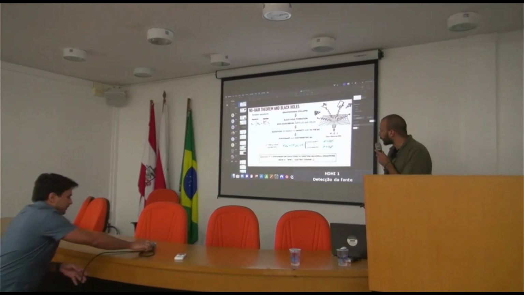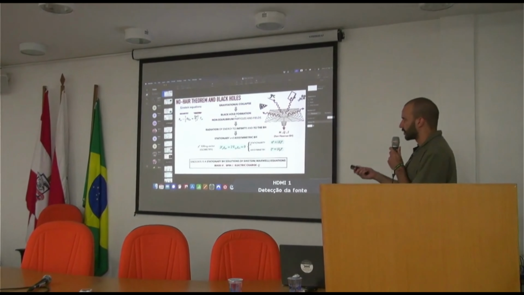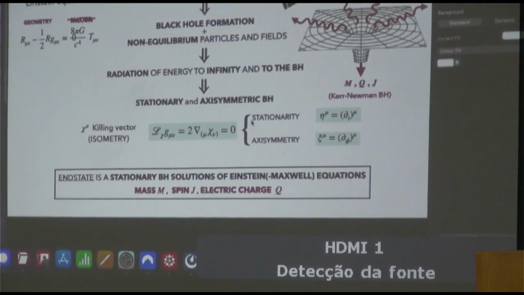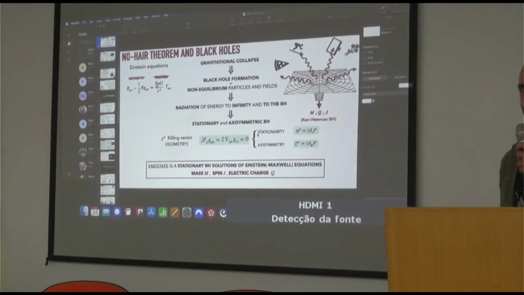Thank you. Thanks again for coming, first of all. Just a very quick recap of two things that we have seen yesterday, which might be useful. We have reviewed the no-hair theorem.